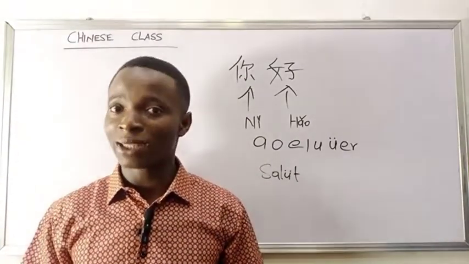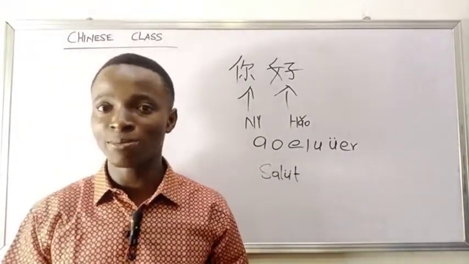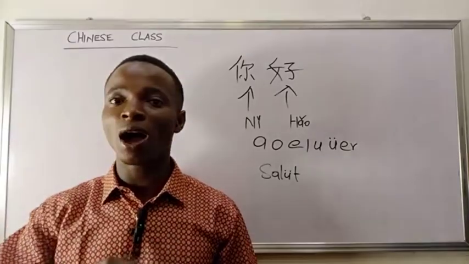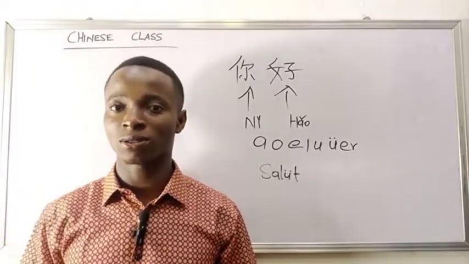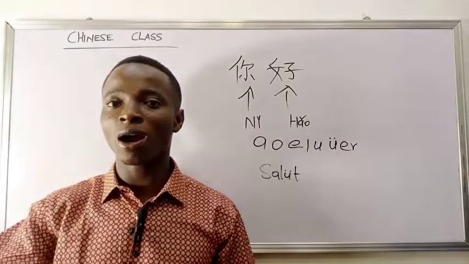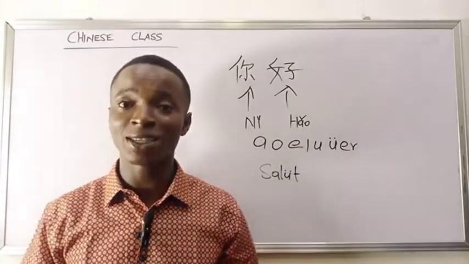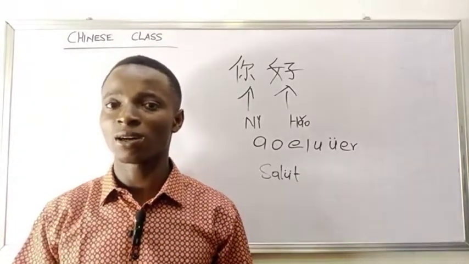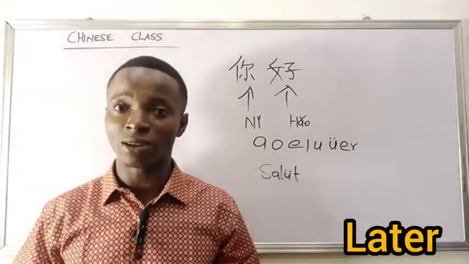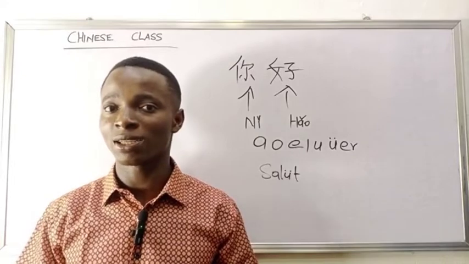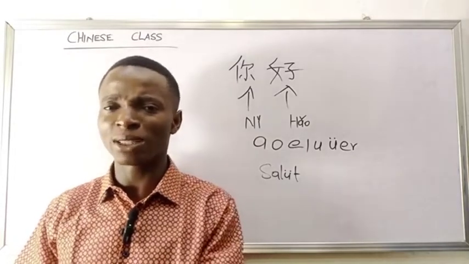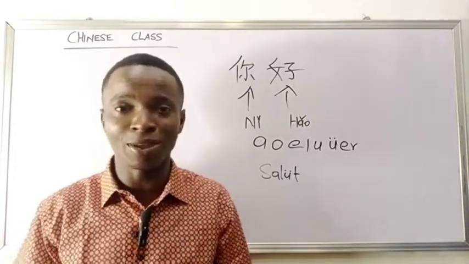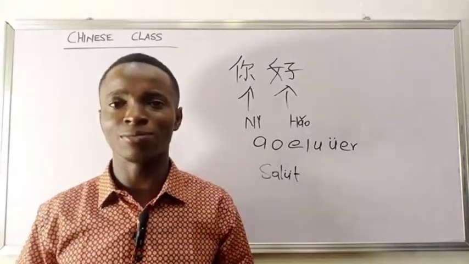And the last one, which is the 7th of the simple finals, is r, just like when you want to say father in the English language, father, or later. So these are just the simple ways. The simple finals are very, very simple.